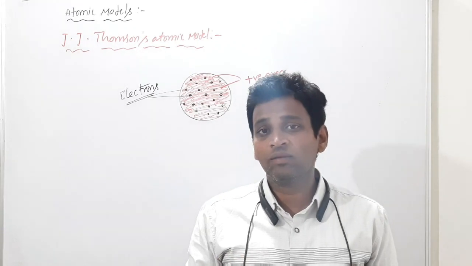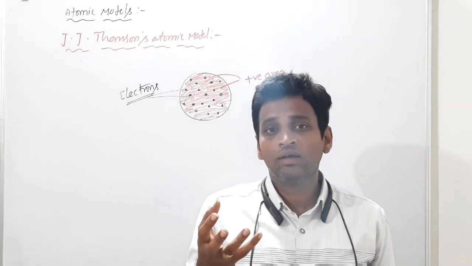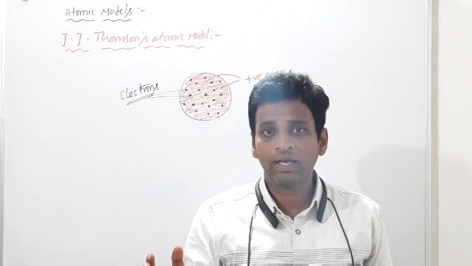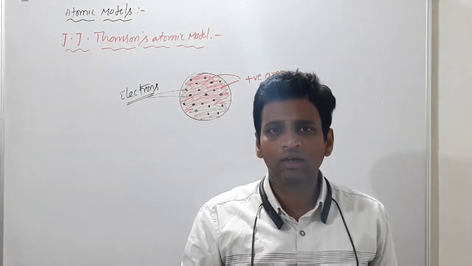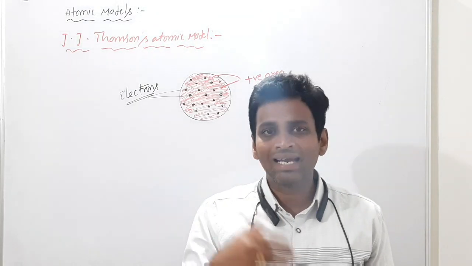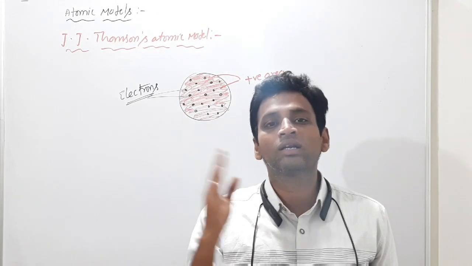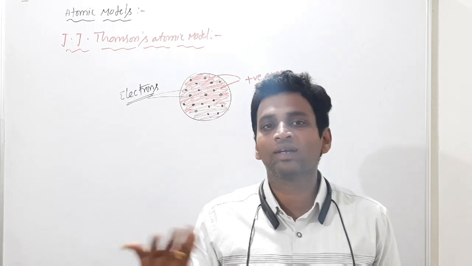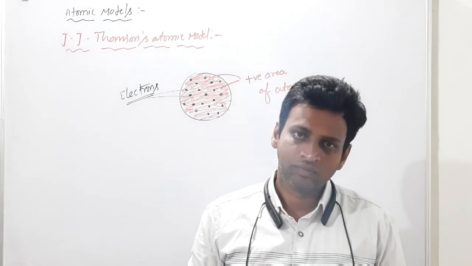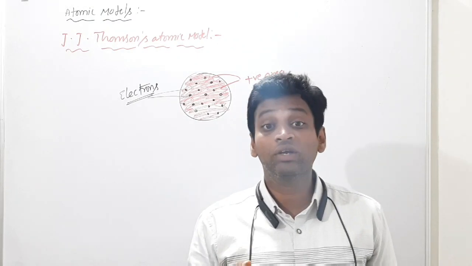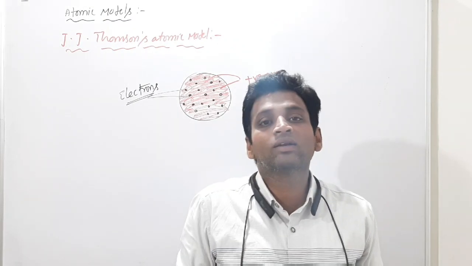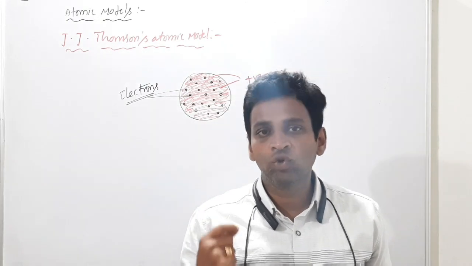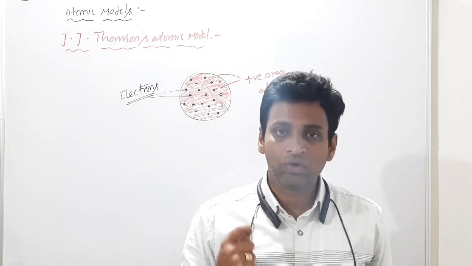In the planetary model, planets revolve around the sun, as well as Earth revolving around the sun. The remaining planets revolve around the sun, like electrons revolving around the nucleus. That was given by Mr. Rutherford. But there also, Chadwick concluded, my dear Rutherford, the nucleus consists of both protons and neutrons.